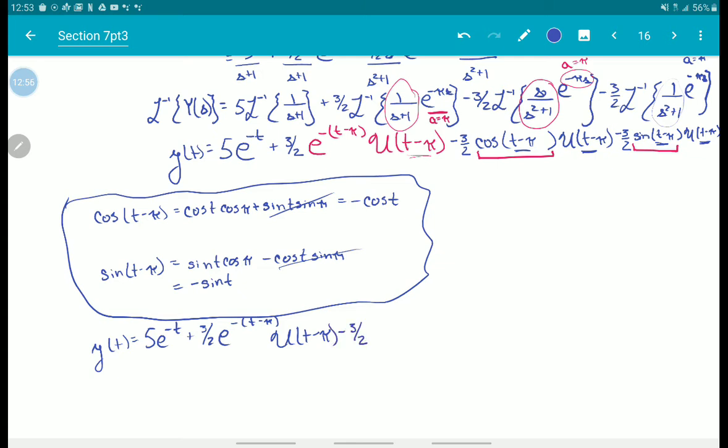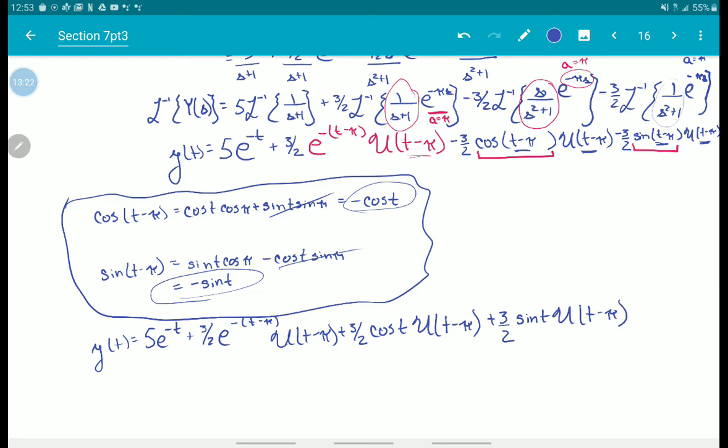Minus 3/2 times the negative cosine, which would make that a positive, times unit step, t minus pi. Minus 3/2 times negative sine of t, which would make that a positive, times that unit step, t minus pi.